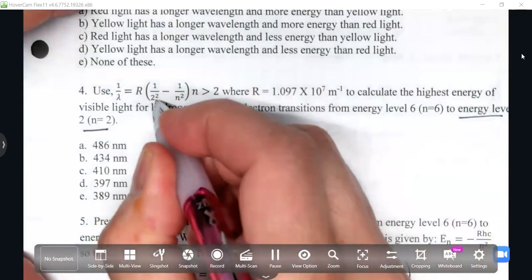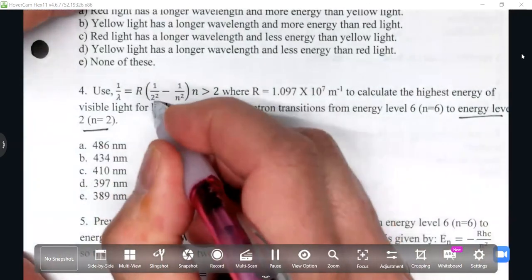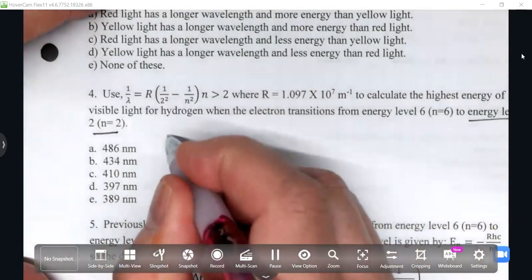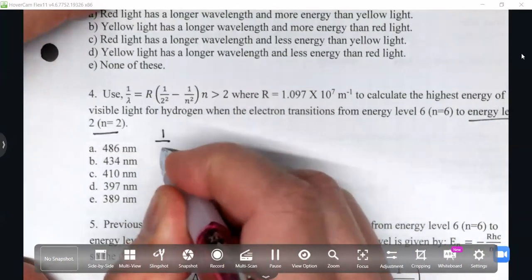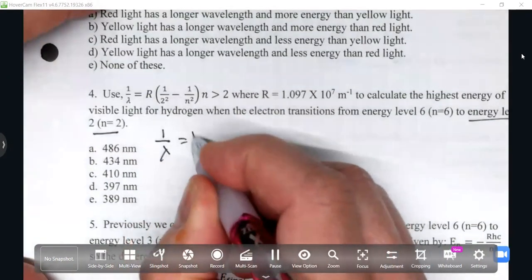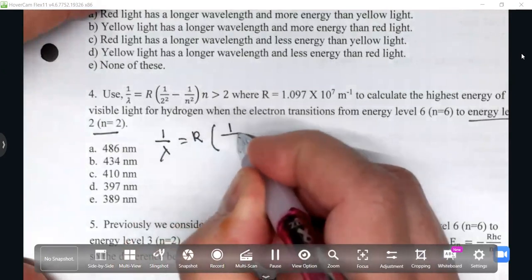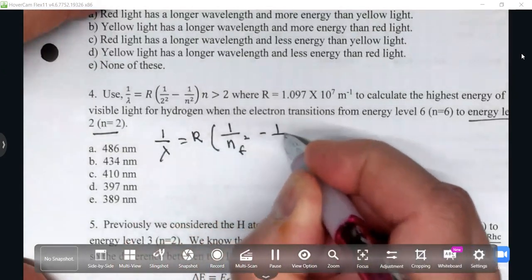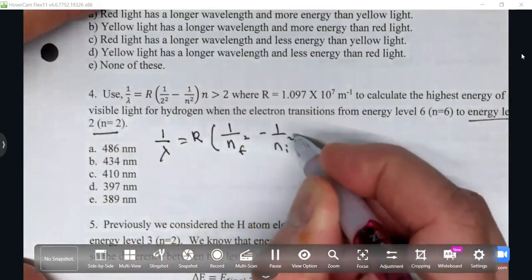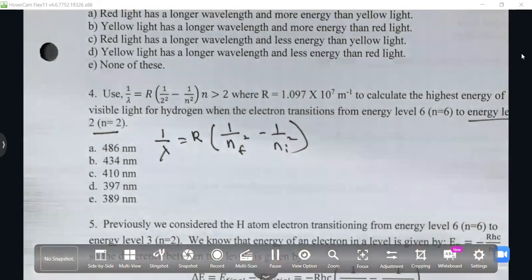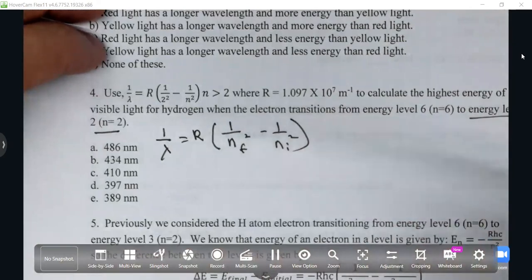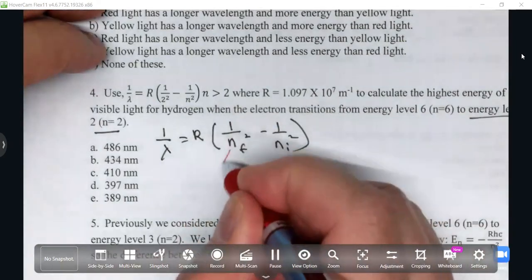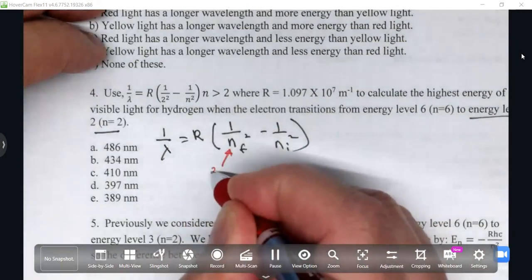I already put this in, that this really is the equation. I think I've got it written out like this: 1 over n final squared minus 1 over n initial squared. But we know for visible light, it has to come down to energy level 2.